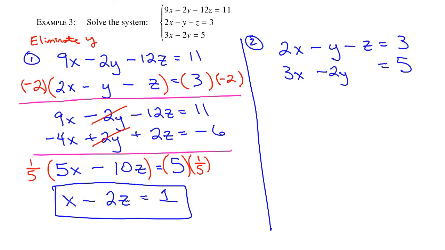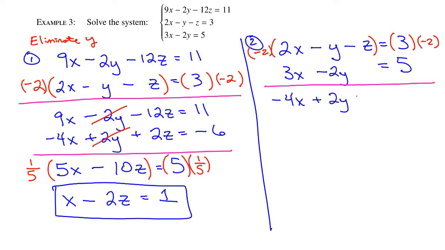Again, I have to eliminate the y, so I'm going to multiply the top equation by negative 2. And that gives me negative 4x plus 2y plus 2z is equal to negative 6. The bottom equation stays the same.